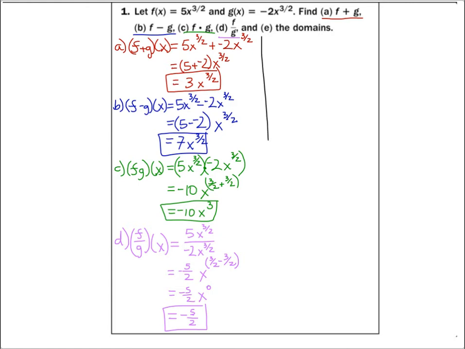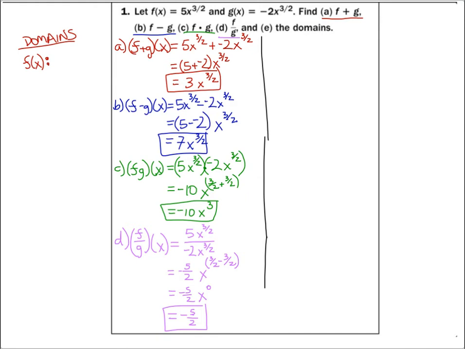Okay, so then part E asks for the domains. And before you can answer that for any of these, you need to go back to the original things and think about the domains. So there's not a lot of room here. I'm going to write over on the left what the original domains are. So domains, not for our answers, but for the original f.